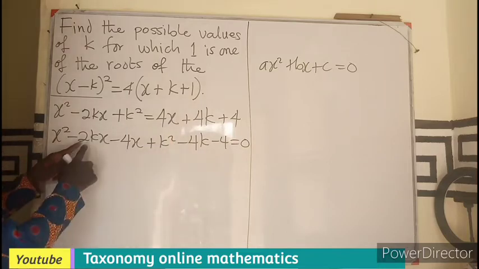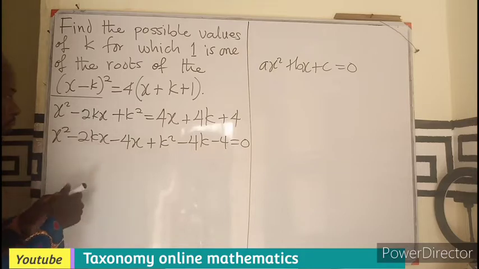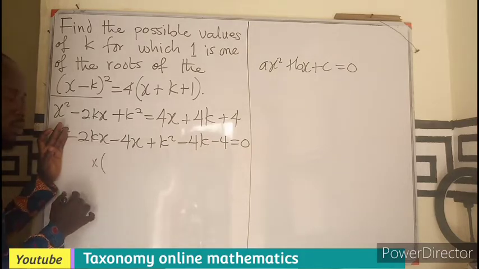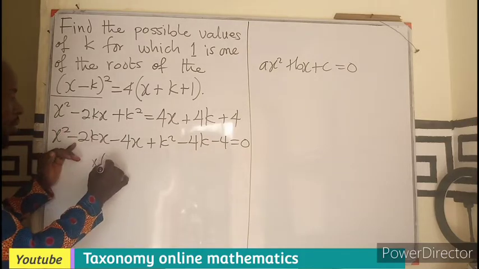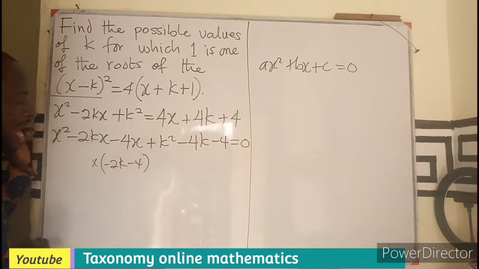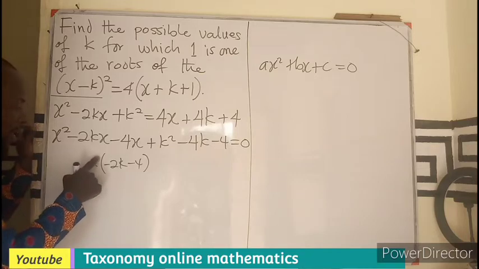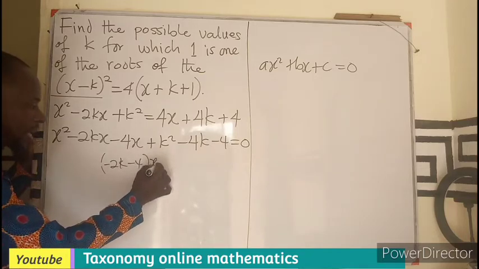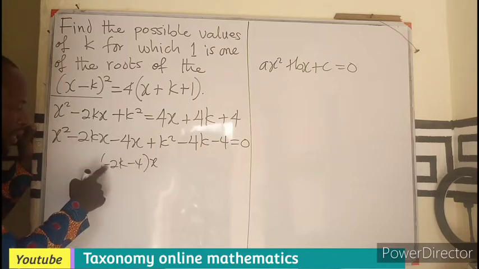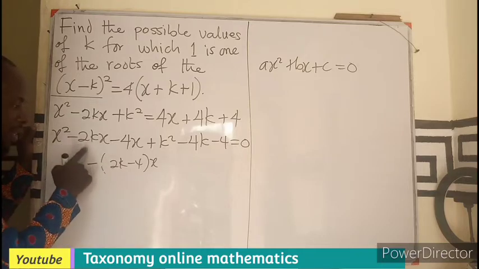So I can see that the x and x, I can factorize the x out. When you pick x out, you'll be left with minus 2k minus 4 as the variable. That is if x is to be positive. But if I move x to the back, it's still multiplication, right? And if I shift this minus in here, it becomes positive, because negative times this will be negative, as in the question.